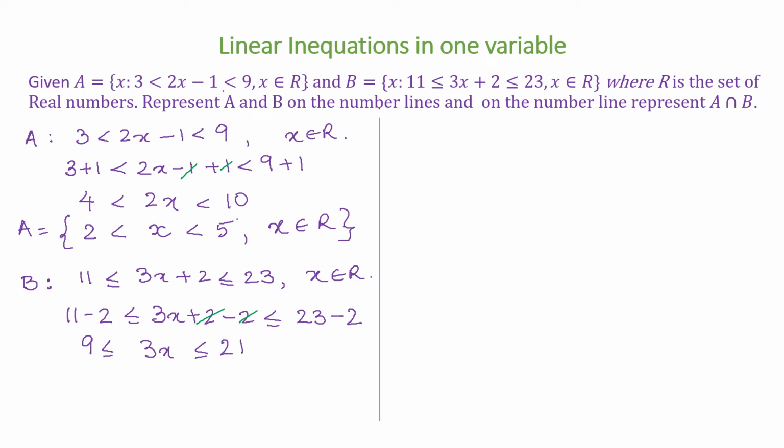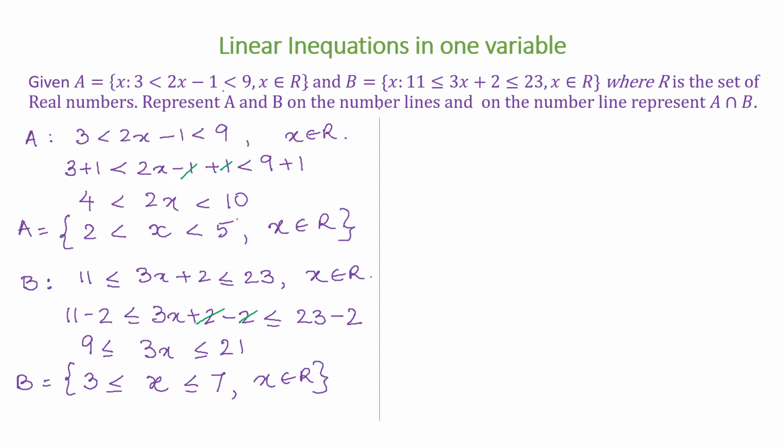Now, because I want only x, I will divide all the three sections by 3. So I will get 9 divided by 3 is 3 is less than or equal to 3x divided by 3 is x, and is less than or equal to 7, and x belongs to R. So this is the set B.